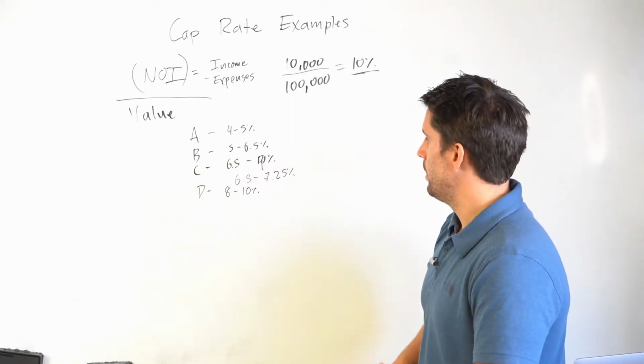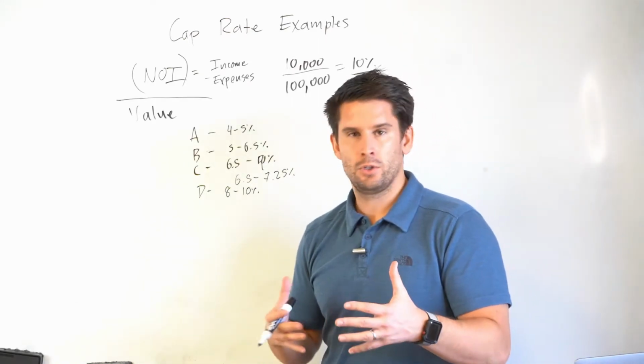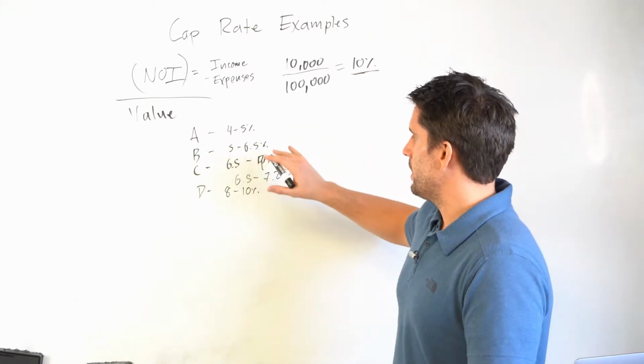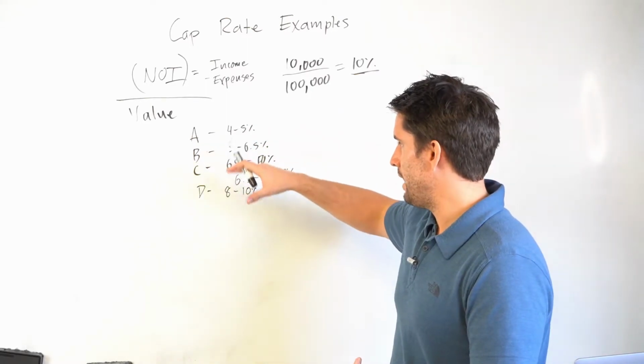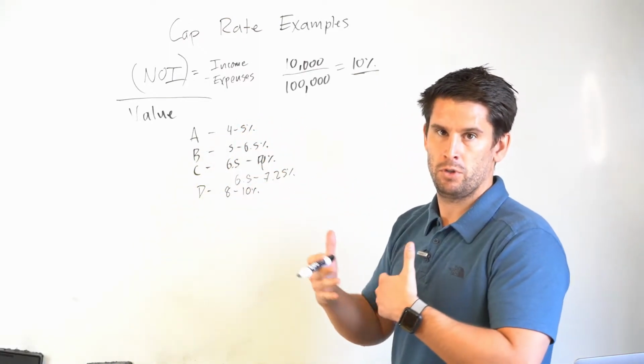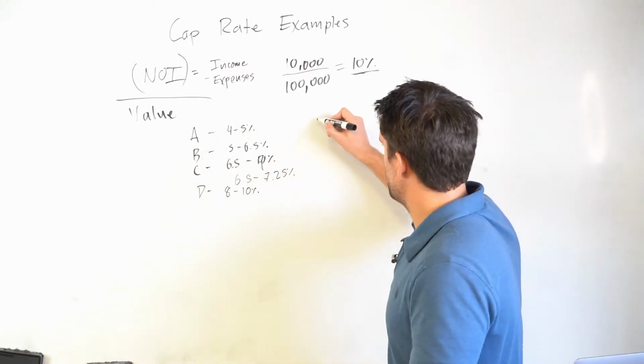What's not intuitive here is that you would think a lower cap rate means it's not a good deal, but actually a lower cap rate means you can sell it for a higher value. Let me explain.